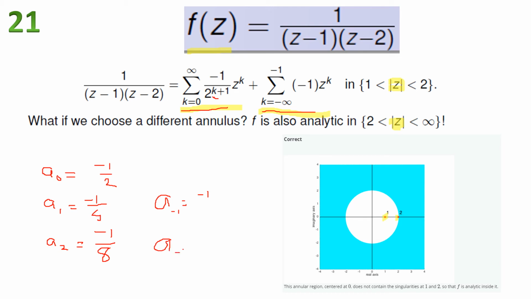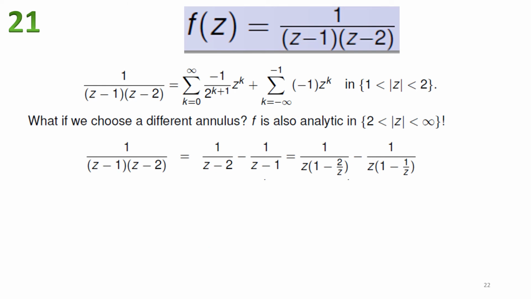So a minus 2 will also be minus 1 upon 2 to the power minus 2 plus 1, which will be minus 1. So 2 to the power minus 1, sorry. So this will be minus 2, and so on and so forth. You can go on working that out.